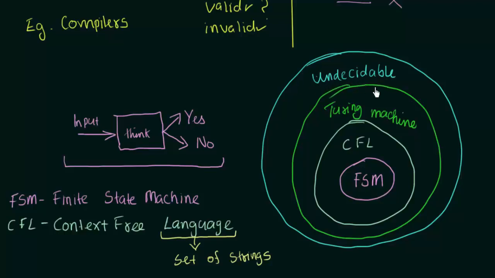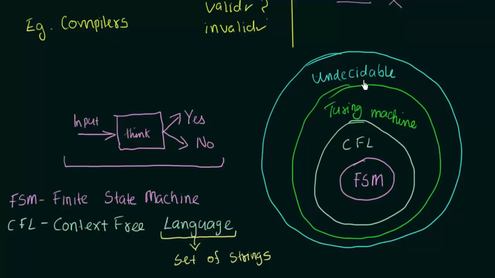This is because the problems that cannot be solved mechanically fall under this undecidable layer, like the example we saw some time back of a problem that could not be solved mechanically.